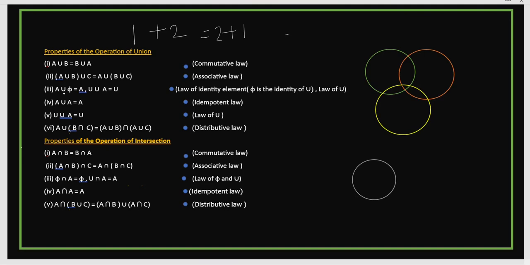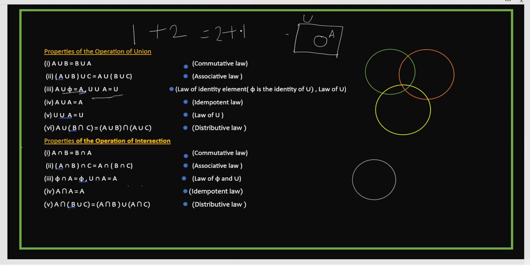A union phi is definitely A. And the union of the universal set and A: the universal set is there and A is there. If we add A to the universal set, what will happen? It is again the universal set, since all the elements of A are present in the universal set.